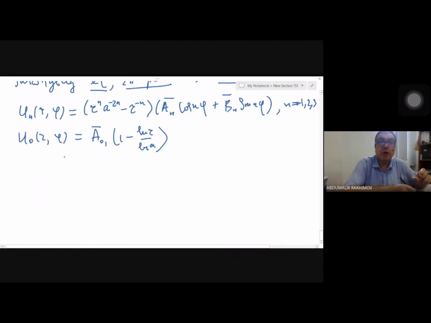So what is this? For u0, it's no change because u0 is independent from phi. So what will happen with un? Use the condition u_r at phi 0 is equal 0. For u0, no changes, because it is independent from phi, right?